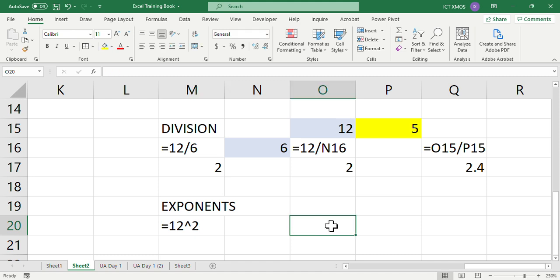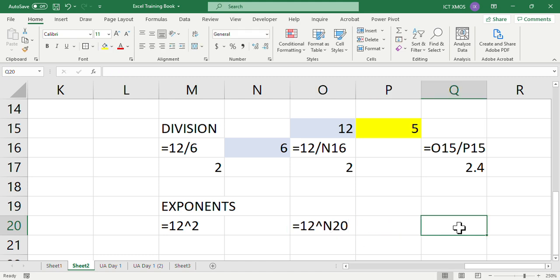And you can have the same formula form, a mixture of number and formula raised to power N16, N20.